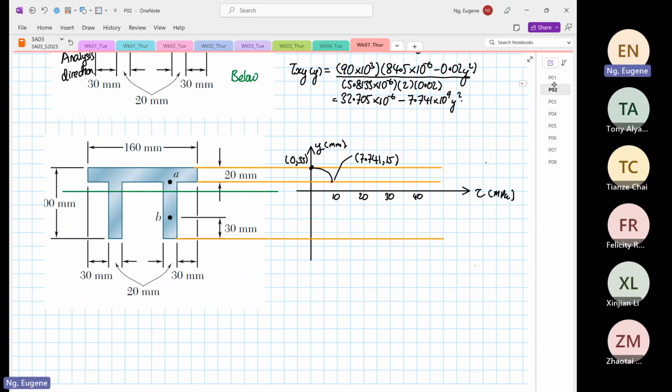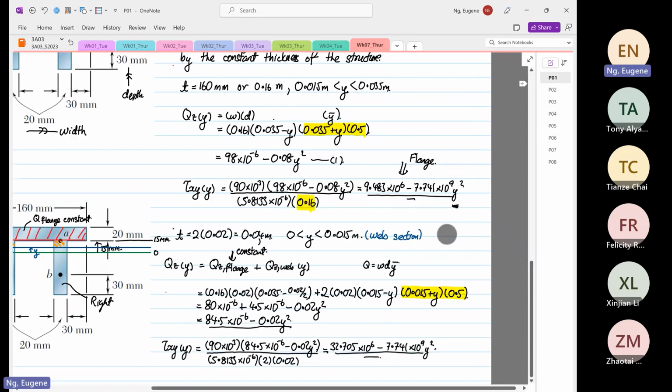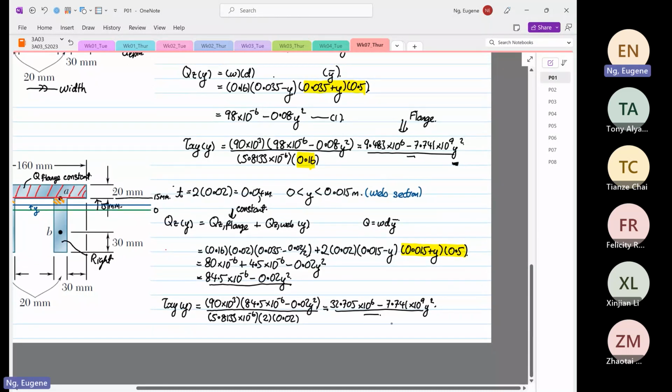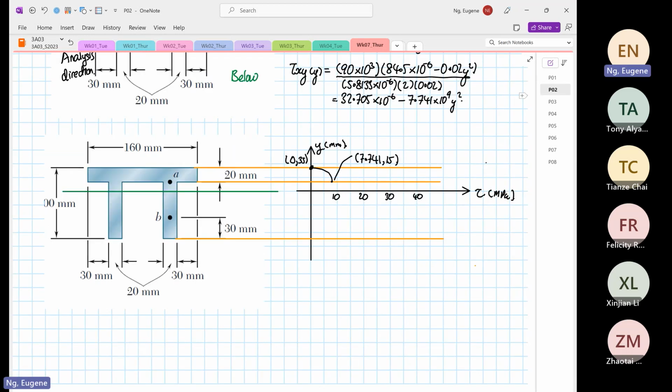Then we look at this equation over here. We plug in the value 0.015, so 32.705 power 6 minus 7.741 power of 9 times 0.015 times 0.015. You get 30.963.